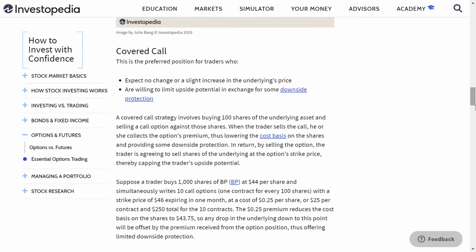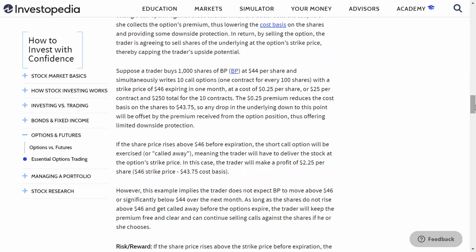The lower the float, usually not something you'd want to do covered calls on. But it really depends on which particular stock you're looking at trading. Some stocks move in a very, very tight range on a week-to-week, month-to-month basis, and there's value in doing covered calls on those particular stocks.